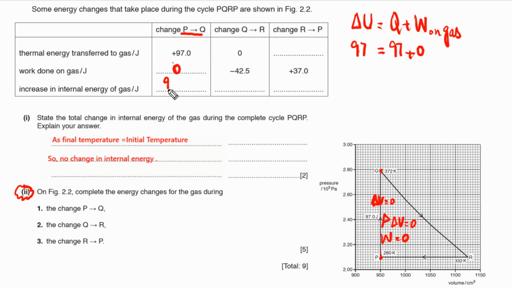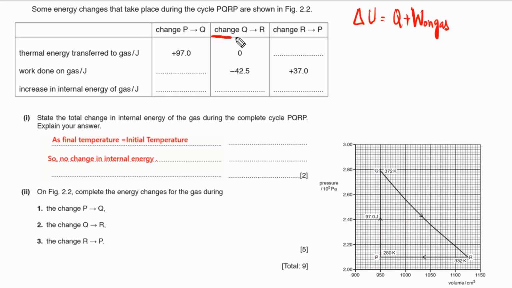So we can write down this is 97.0 joules. For the change from Q to R, it is given to us that Q is equal to 0 and W is equal to negative 42.5, and we need to find the increase in internal energy. So it's very straightforward.